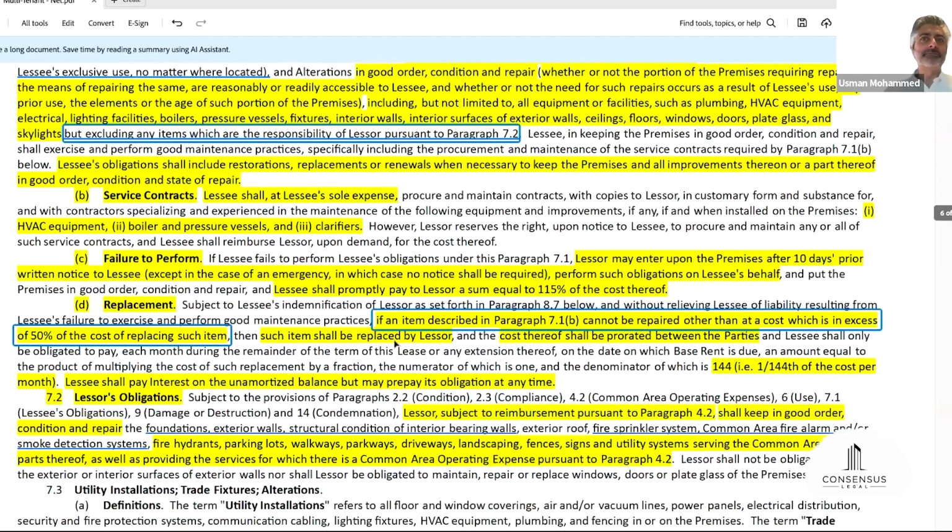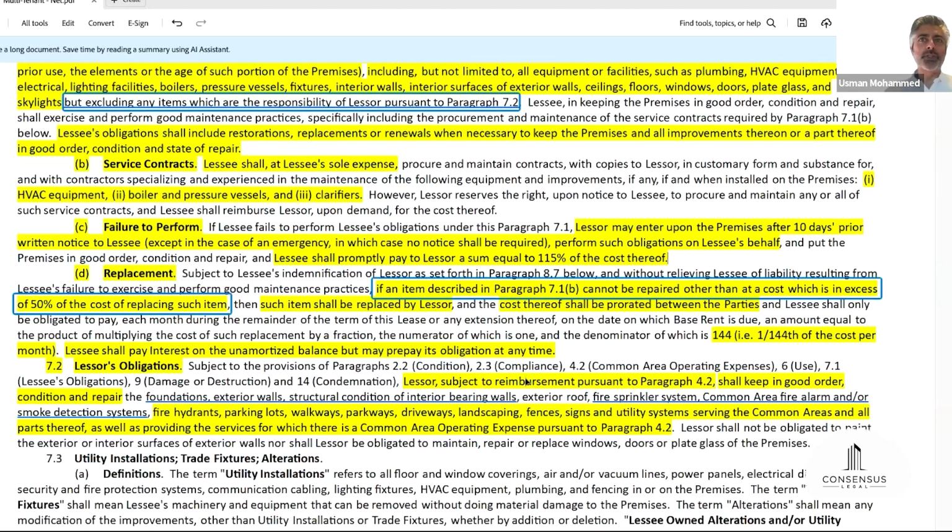Gabriella, good question here. Who would be responsible for fire extinguishers? They're not specifically mentioned. Will they be part of the fire safety system? That is a really good question. And I have to pull up the lease again. So in 7.2, lessee is responsible for the fire sprinkler system. That's not a fire extinguisher. And also the common area fire alarm and or smoke detection systems.